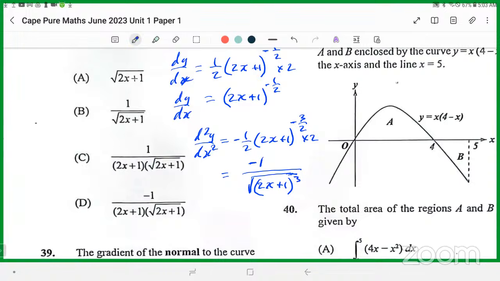Minus 1. All right. Now, this cube thing, it has a square in it. The square gives me this one, and then the root gives me that one. So basically, what I need to do is write this as the square root of (2x plus 1), all cubed. The minus is why I brought the expression beneath.